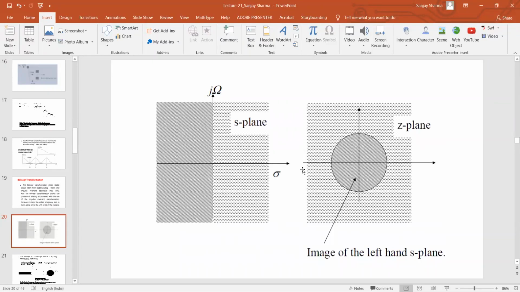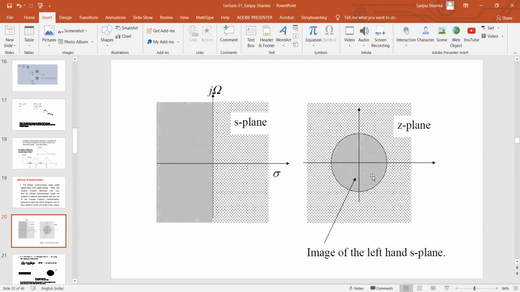That means there is a one-to-one mapping of the complete left side of the S plane to the inside of the unit circle. Therefore, bilinear transformation avoids the problem of aliasing. That is to be understood clearly.